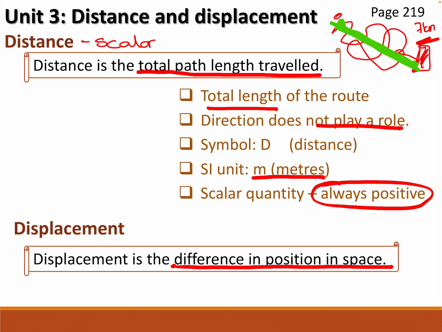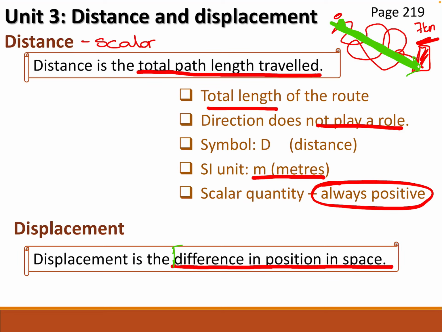And I'm hoping you've heard the saying as the crow flies. So if someone says it's 2 kilometers away as the crow flies, it means that if you could fly over the buildings, or you didn't have to worry about those, you could go in a straight line. So displacement is a straight line, and it's always from the beginning to the end.